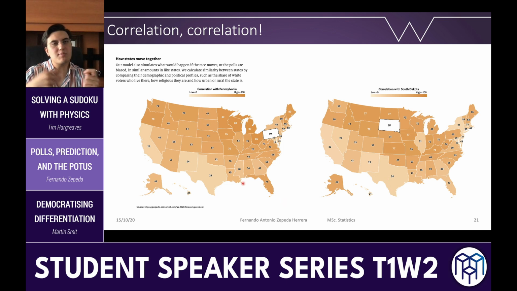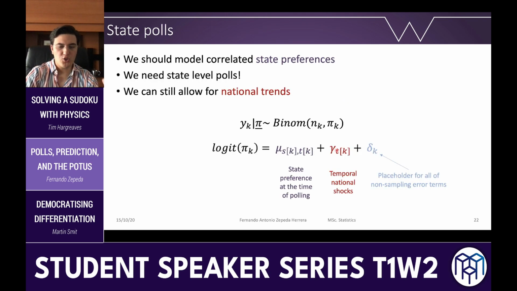So you should explicitly model that. And here we have two lessons from our previous simplified version of the model. We have to model states and we have to model them correlatedly. So what we are going to change is that our latent preferences now are 50 preferences, one for each state, that are still going to evolve through time.